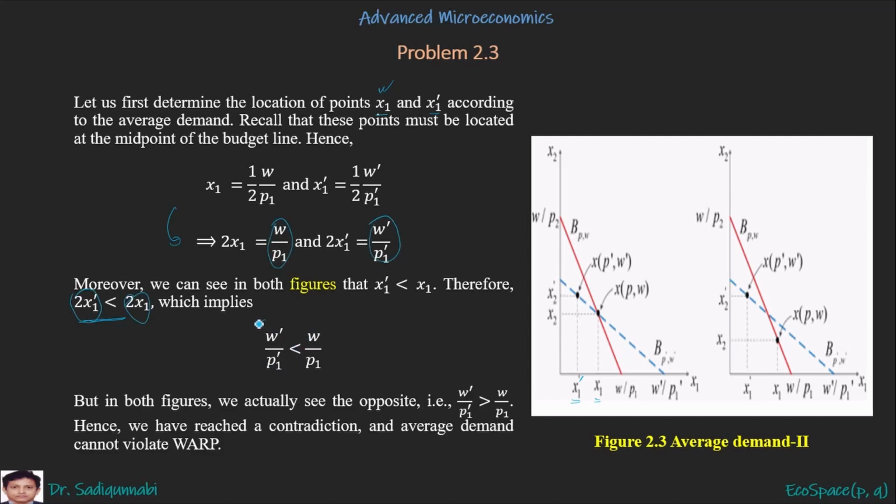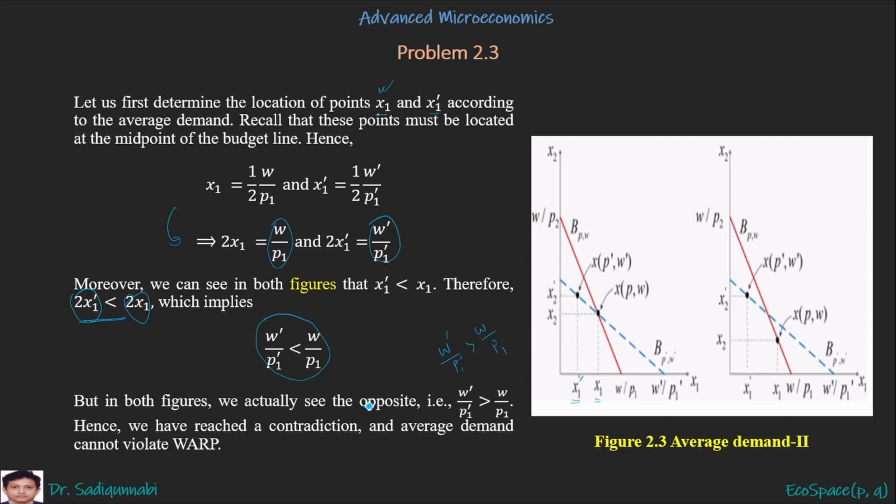But in both figures actually we find that W prime upon P1 prime is greater than W upon P1. You can easily see this.